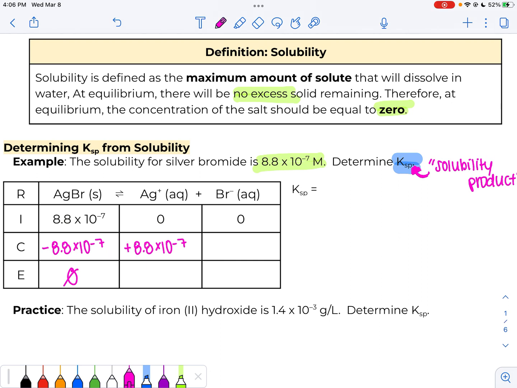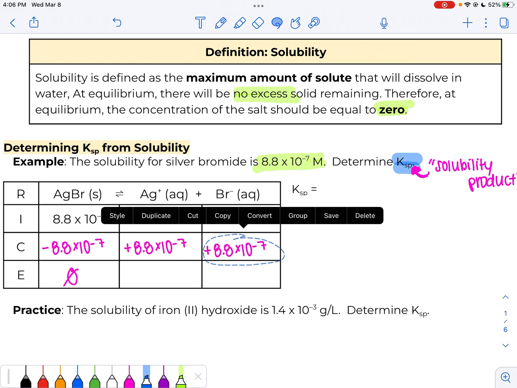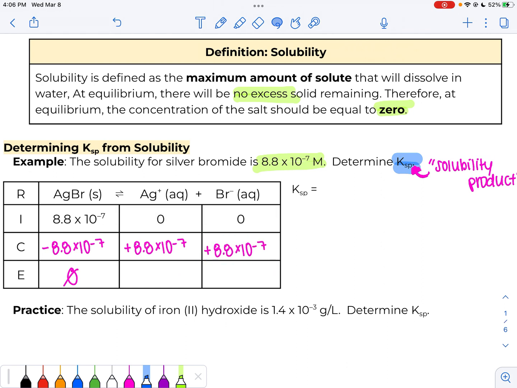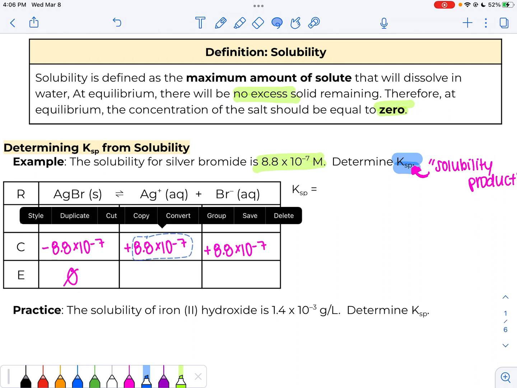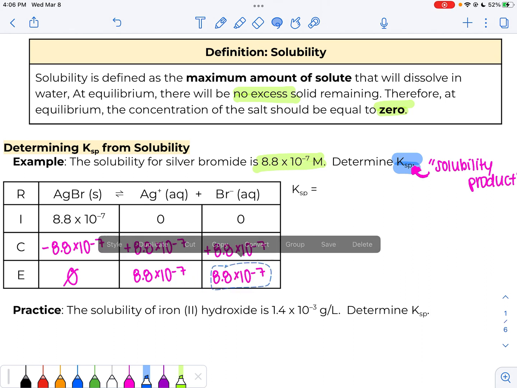We're going to increase ion concentration as we decrease concentration of our salt. Both of these are in a 1-to-1 ratio with the salt, so their change is going to be equal to 8.8 times 10 to the negative 7th, which means that equilibrium will have 8.8 times 10 to the negative 7th moles per liter. So this tells us our equilibrium concentrations.